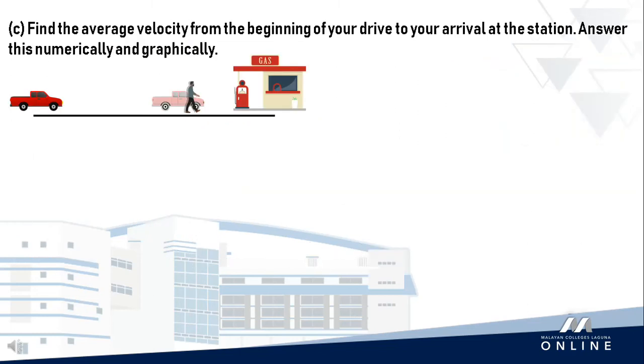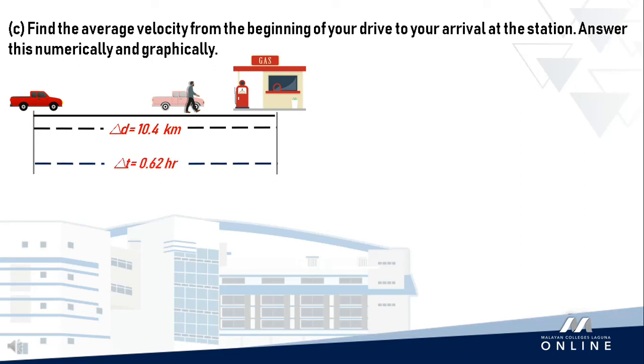Let us add in this problem that we wanted to find the average velocity from the beginning of your drive to your arrival at the station. We ask as well to find it both numerically and graphically. Do you think you can solve it? From our previous calculations, we know already that our total displacement is 10.4 kilometers and the total time interval is 0.62 hours.